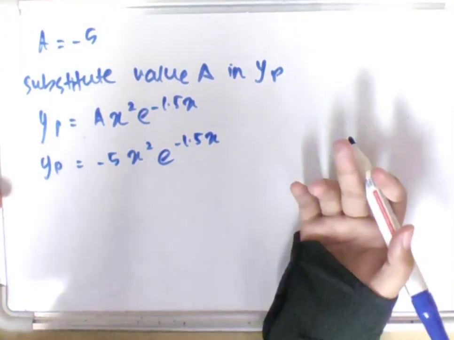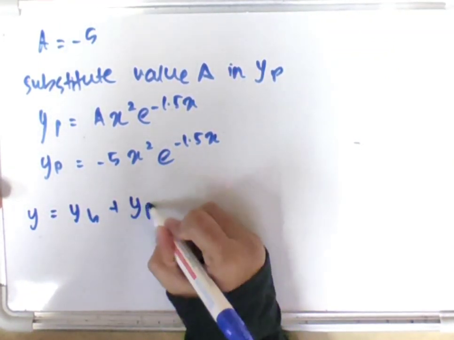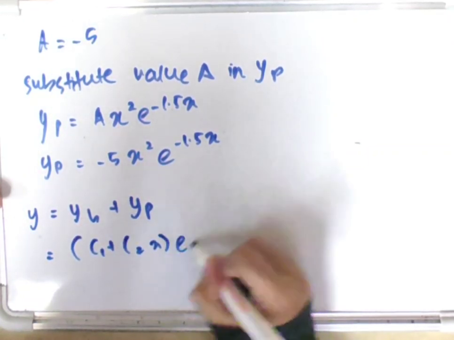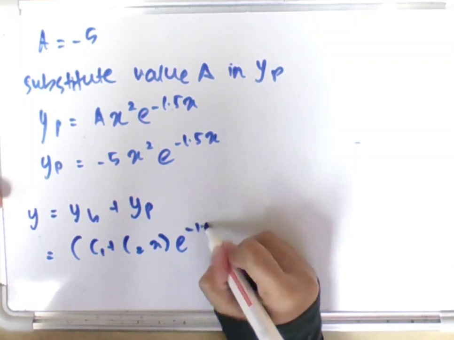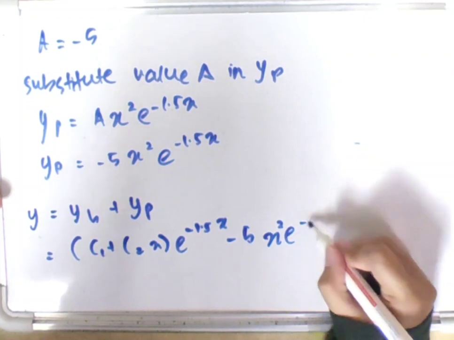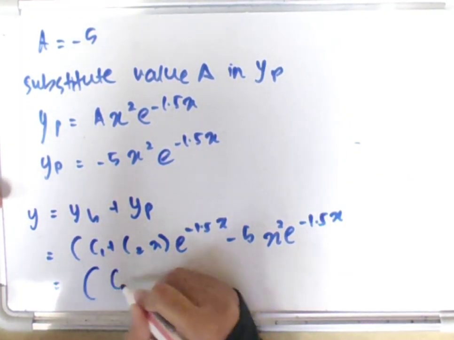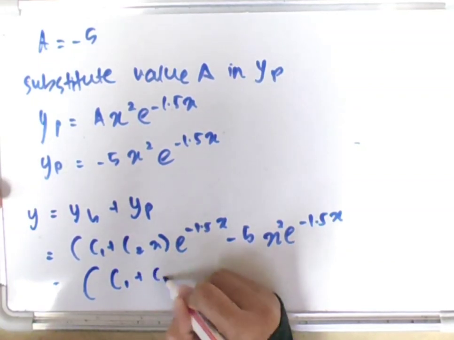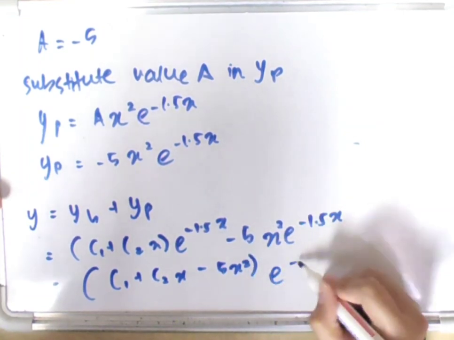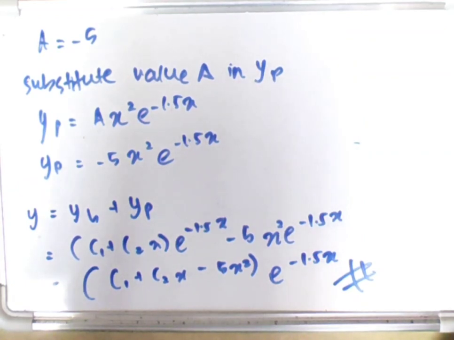To find the general solution, y equals y h plus y p, where y h is (c1 plus c2 x) e to the negative 1.5x, minus 5x squared e to the negative 1.5x. Simplifying, we get (c1 plus c2 x minus 5x squared) e to the negative 1.5x. This is the general solution for the non-homogeneous equation.